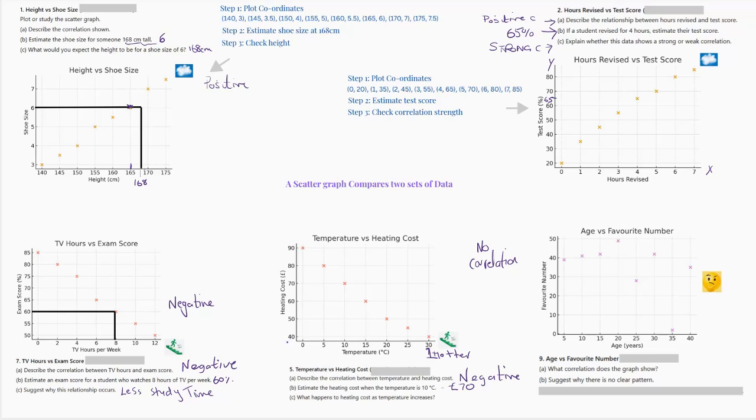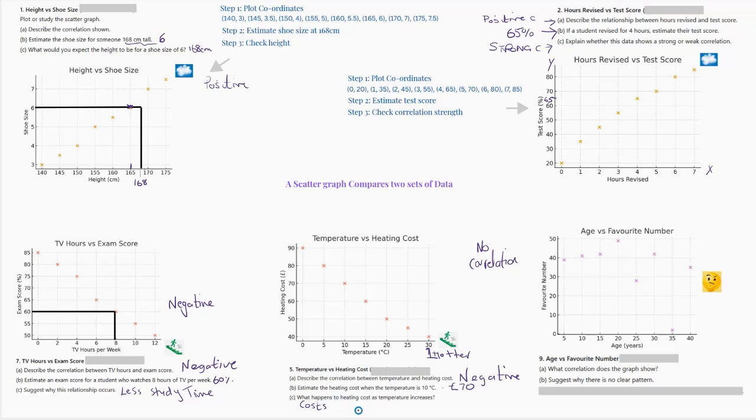Try again. So let's say it's freezing cold. 0. Let's go all the way up. And left, 90 quid. So as you can see, the correlation or the relationship between, so the costs go down.